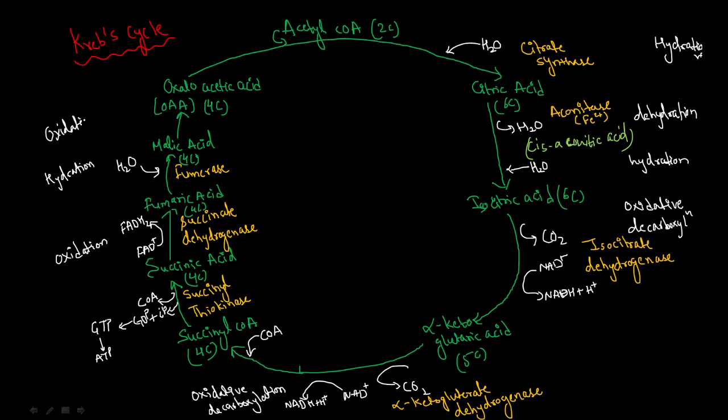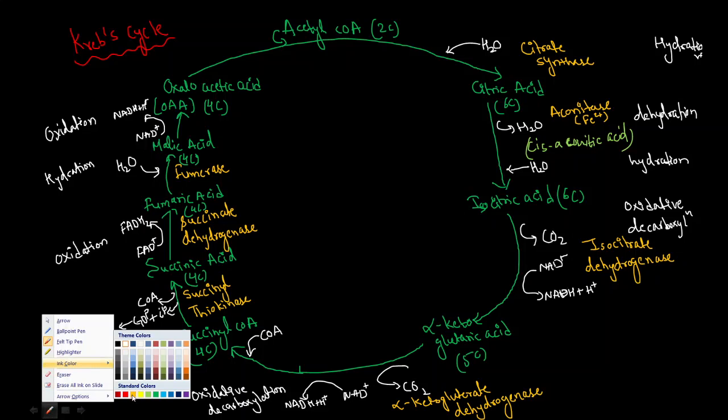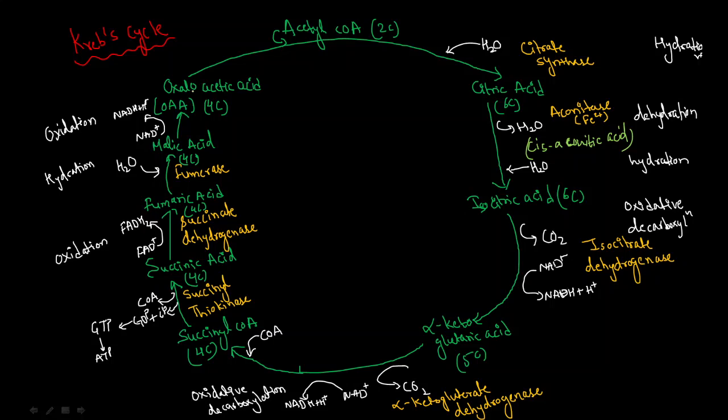So removal of hydrogen must be happening, and that hydrogen will be picked up by NAD plus, and it is going to get converted into NADH plus H plus. Right? And this step requires an enzyme, since malate is getting oxidized, malate dehydrogenase. So the cycle is completed here.